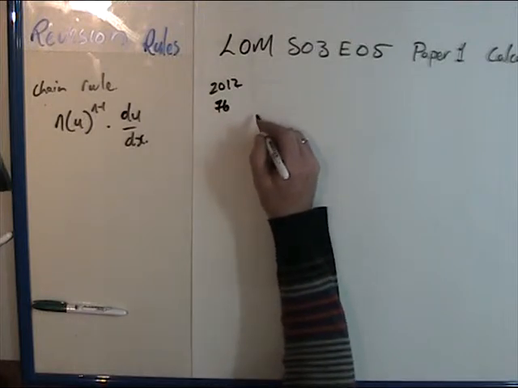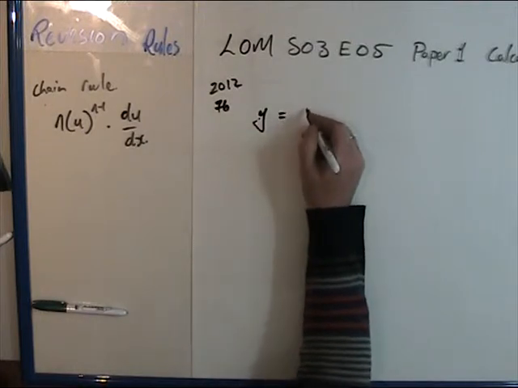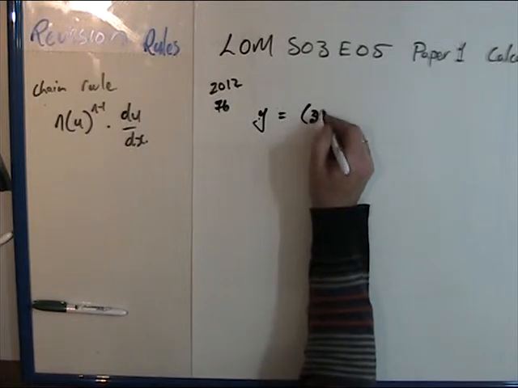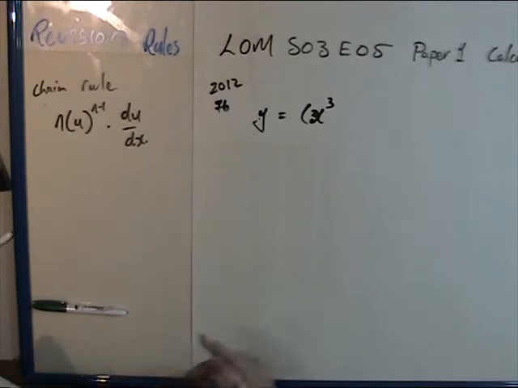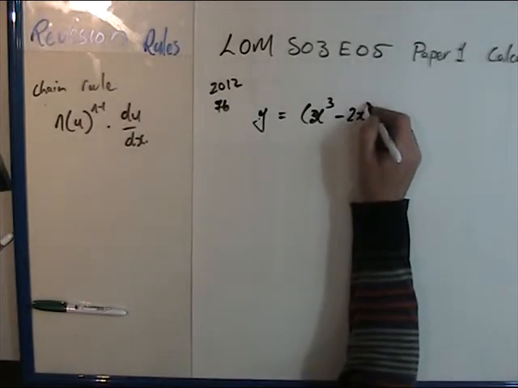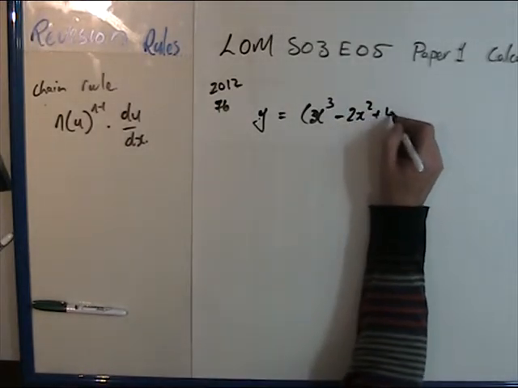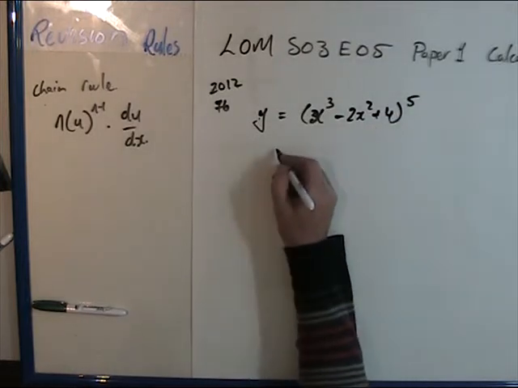So it says given that y is equal to x cubed minus 2x squared plus 4, all to the power of 5.